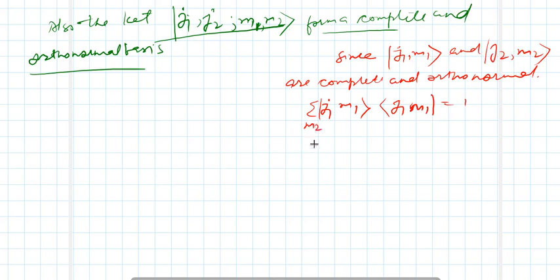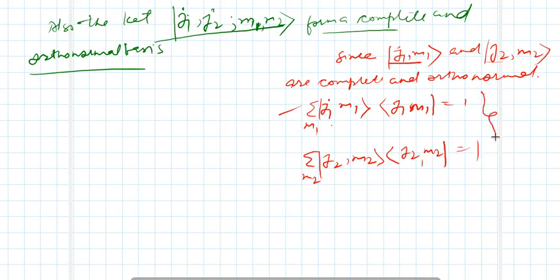Similarly, its completeness condition can be written as the summation over M2 of |J2 M2><J2 M2|, which is equal to 1. Right, this is the completeness condition.